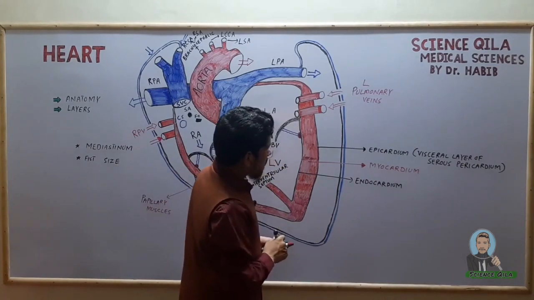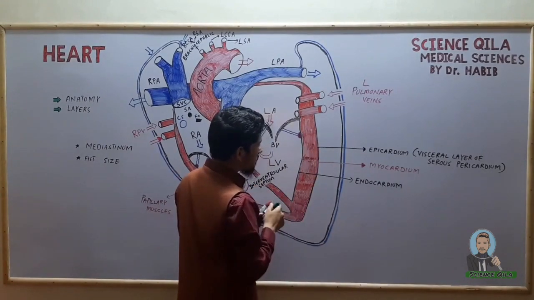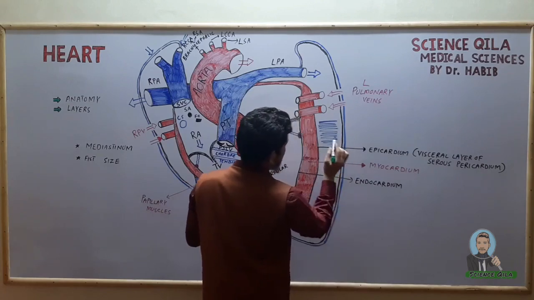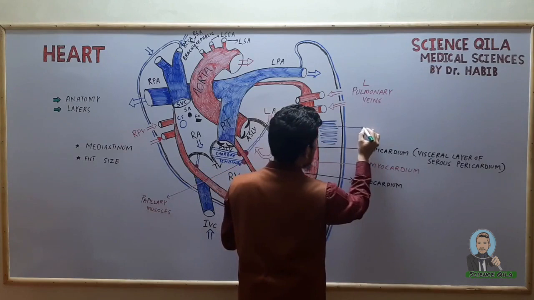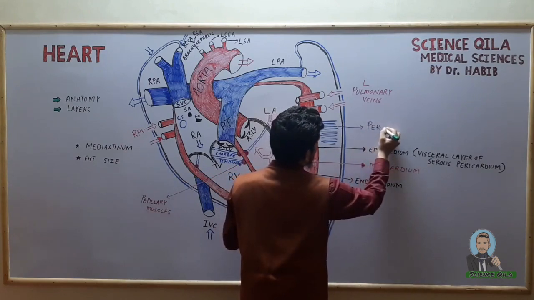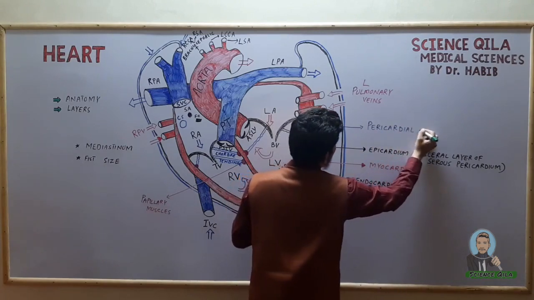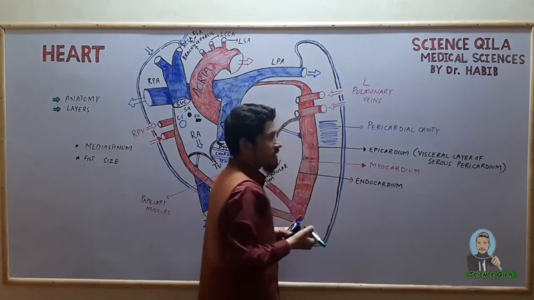And then we have a kind of cavity or space over here. This space or cavity is called the pericardial cavity or pericardial space.